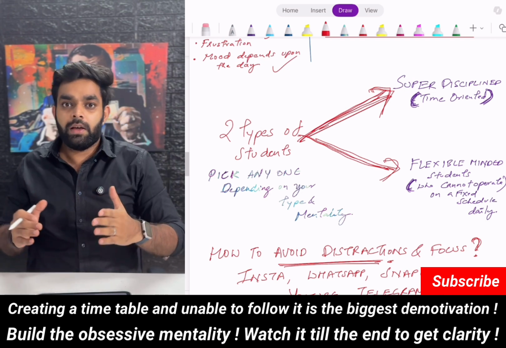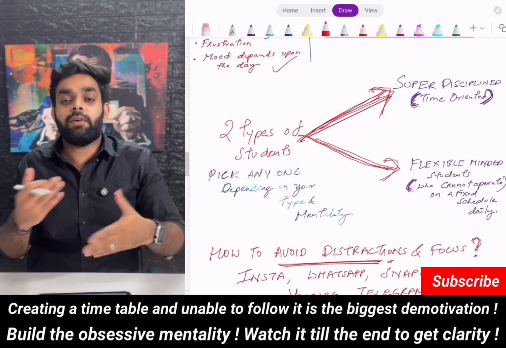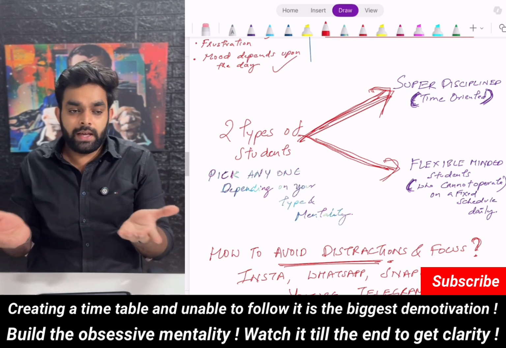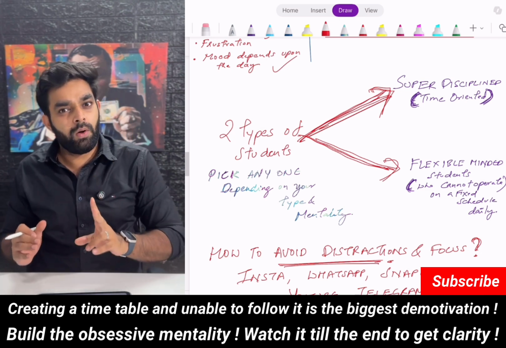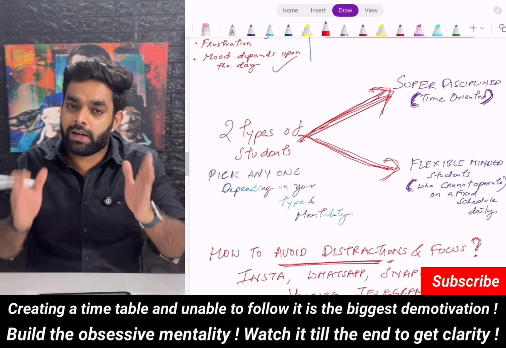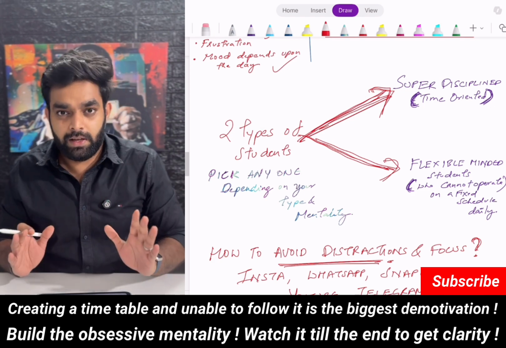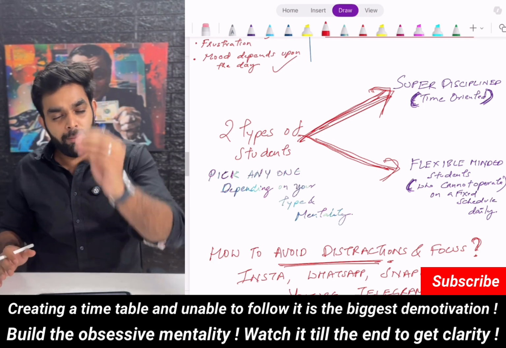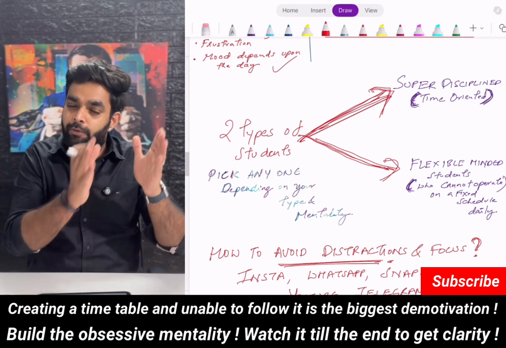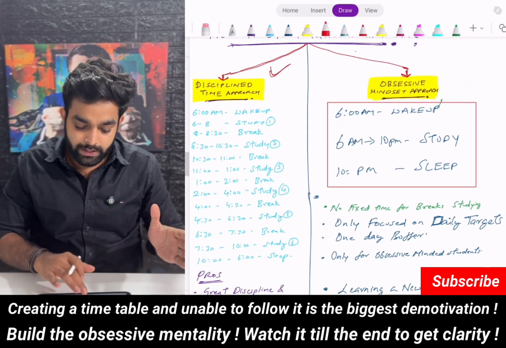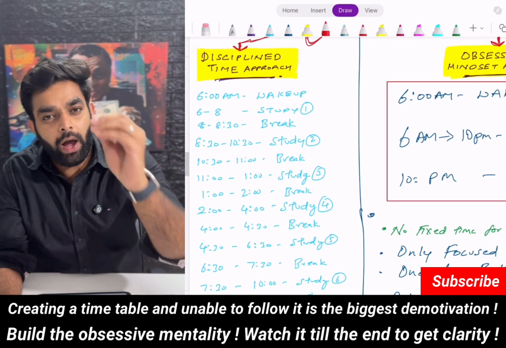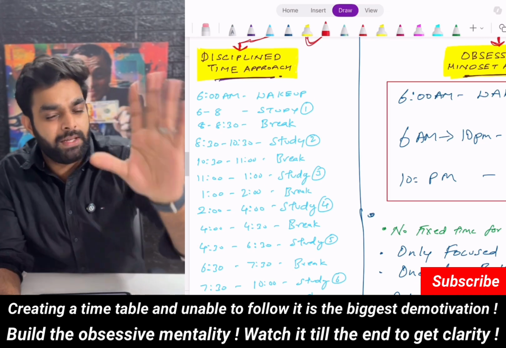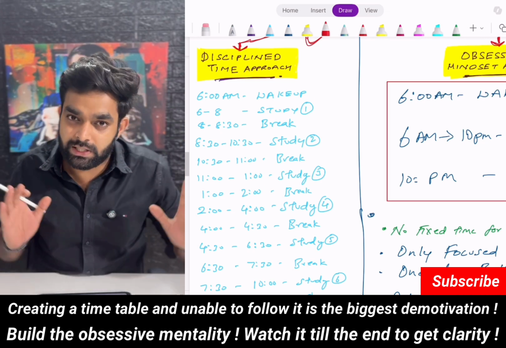They're happy that way, because they work on a reward system mechanism. If they study for 2 hours, they take a break for 30 minutes, come back, and study for 2 hours. They're super disciplined and they enjoy that, and for them that schedule is the best, because it's actually working for them. If you belong to that category and you're so happy following a fixed schedule like this one, bro, you've got this, because you are the best. This is the best schedule, the disciplined time approach.